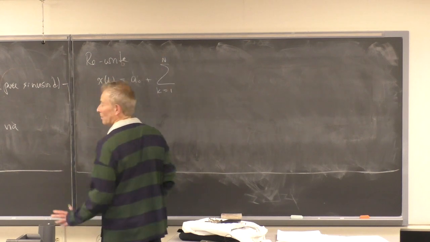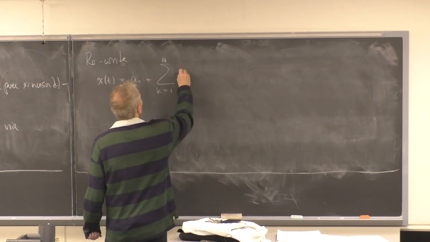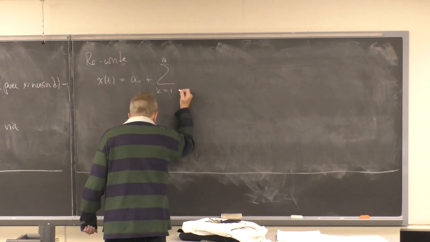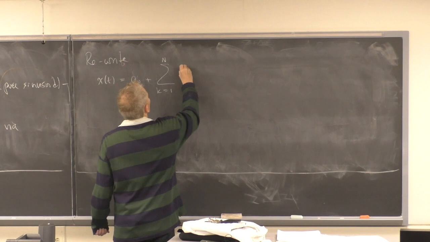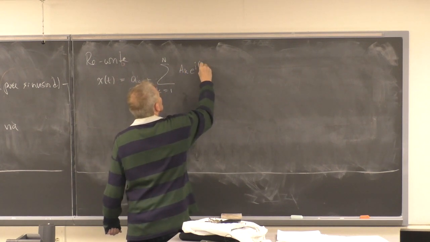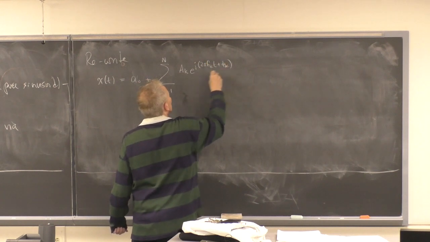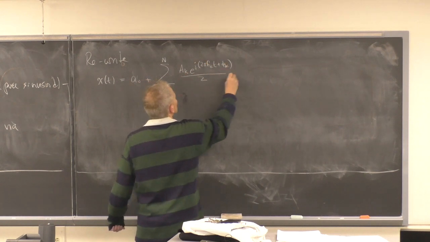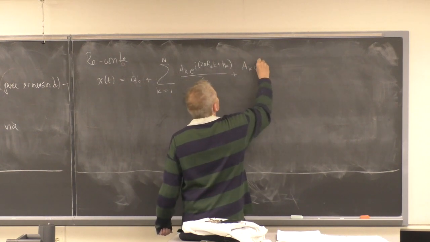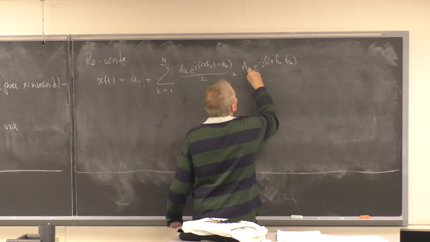There's various ways of going about this. This is just one way. This is the same as x of t equals a0 plus the sum of ak over 2 e to the j (2 pi fk t plus phi k) plus ak over 2 e to the minus j (2 pi fk t plus phi k).